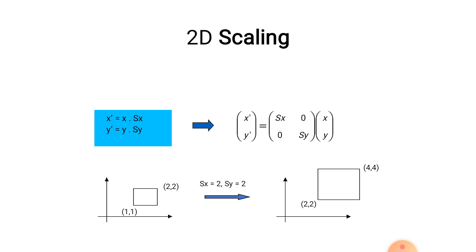See the diagrammatic representation: the point 1,1 and 2,2 scale to 2,2 and 4,4.